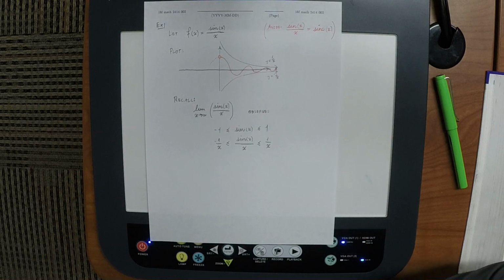So because sine is between the 1's, sine of x over x is between the 1 over x's.